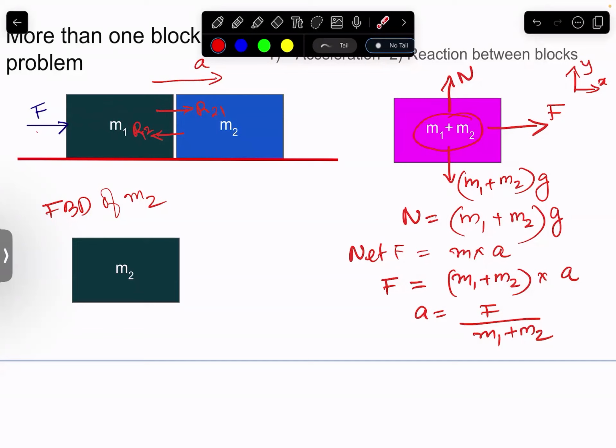The only force acting on M2 in the horizontal direction is R21. So R21 is acting on M2, and there is the weight of M2 acting, and there is the reaction force acting. These are the external forces acting on M2.